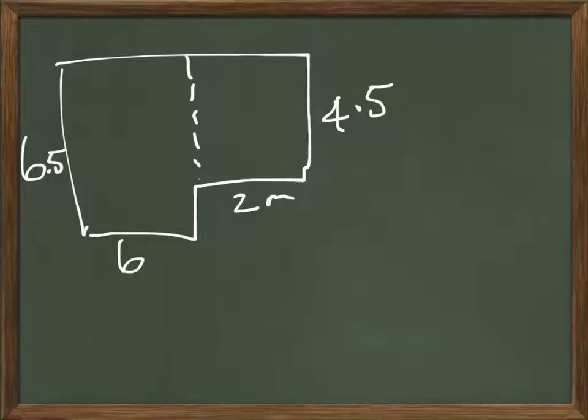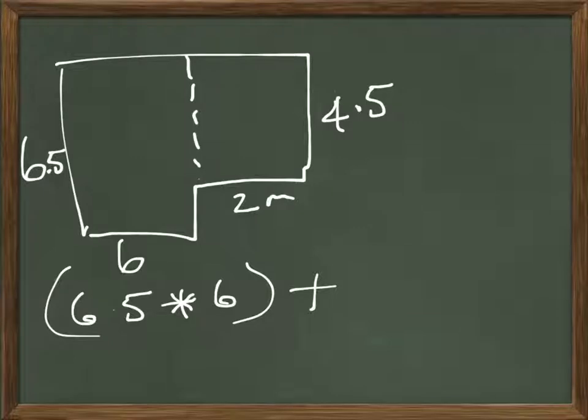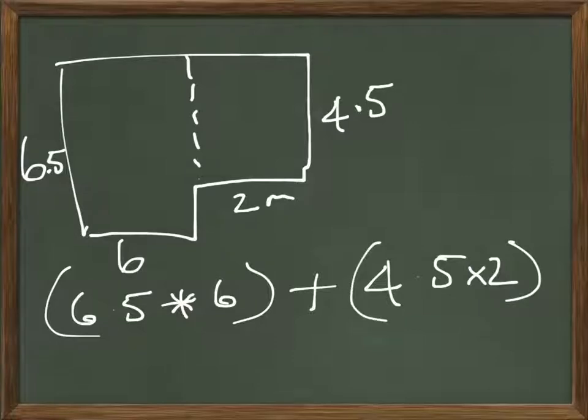Yeah, so you could do 6.5 times 6 and then add that to the 4.5 times 2. Yeah, so that will be 39 plus 9, which is equal to the 48.